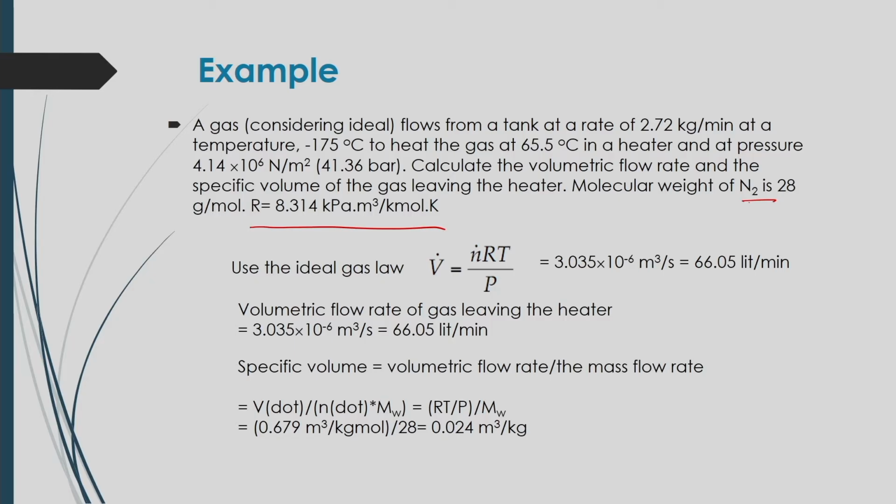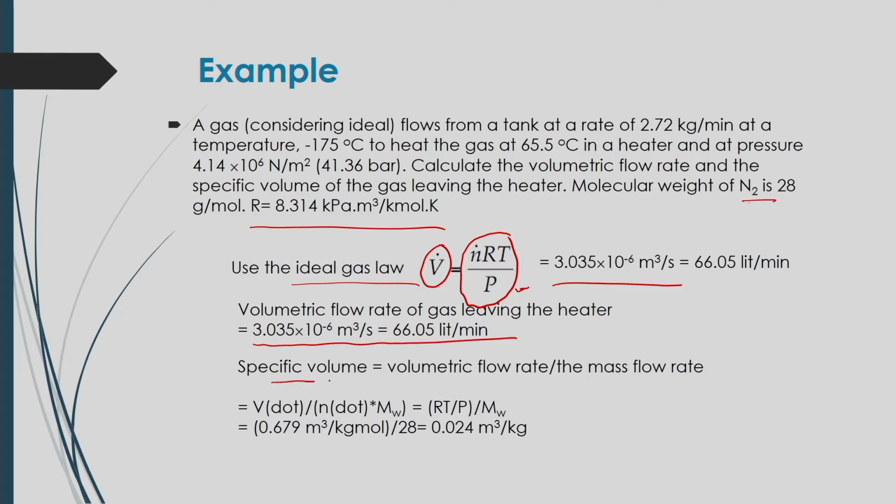As per the ideal gas law, the volumetric flow rate of the gas can be expressed as V dot equal to N dot RT by P, and after substitution of the values you get 66.05 liter per minute. So, the volumetric flow rate of the gas leaving the heater is 66.05 liter per minute.